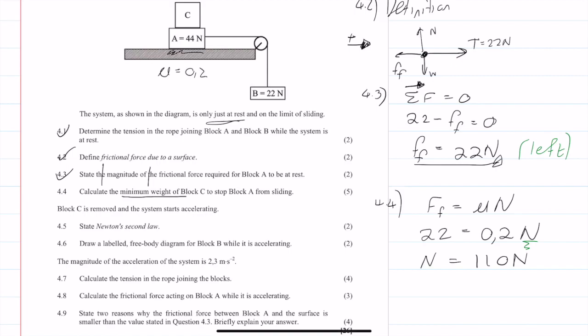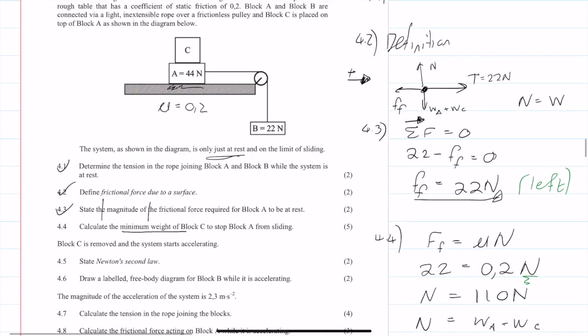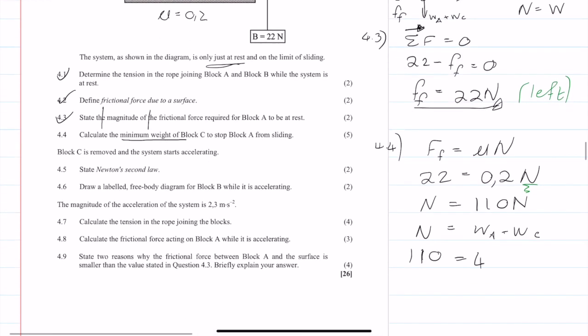Now back to the diagram. We saw that the normal force is equal to weight, but in this case we have the weight of A plus the weight of C. So the normal force equals weight A plus weight C. We know the normal force is 110 newtons, and we know the weight of A is 44 newtons, so the only unknown is the weight of C. Solving, the weight of C is equal to 66 newtons.